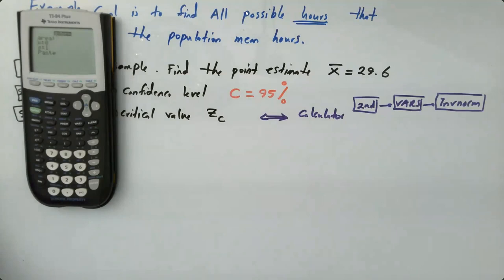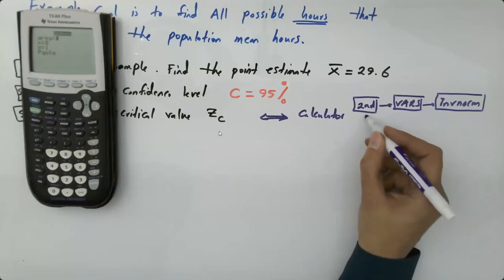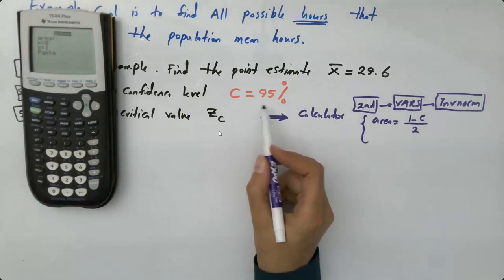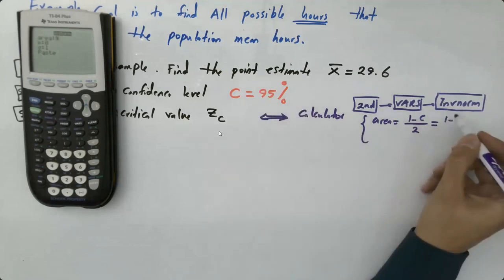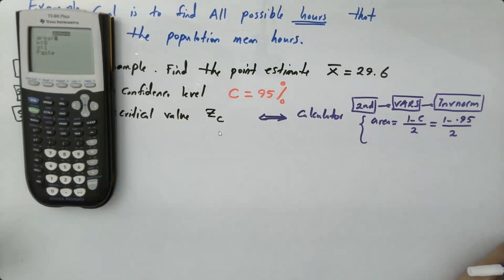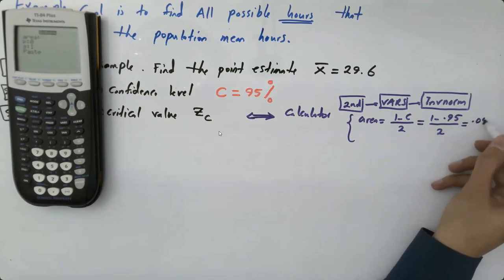Take a look at the board. The area that you're going to enter is (1 minus C) divided by 2, because the areas to the left and to the right of the graph are (1 minus C) divided by 2. C is 95%, so I have 1 minus 0.95, divided by 2. 100% minus 95% is just 5%, 0.05.